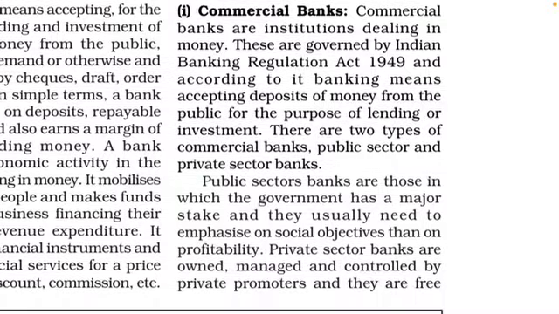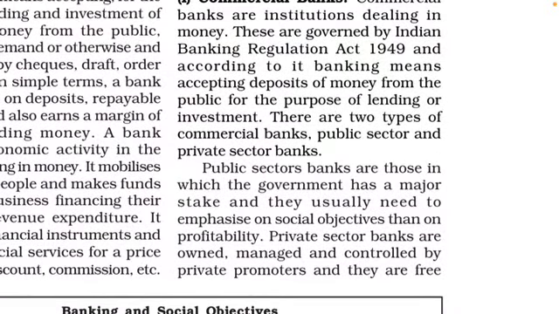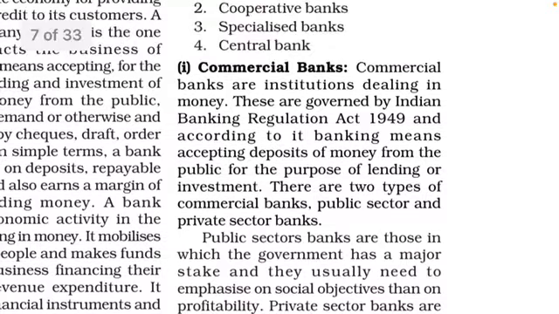According to it, banking means accepting deposits of money from the public for the purpose of lending for investment. What does it mean? The public deposit money in their bank, and the bank lends this money to the investors, or to the business, or to the other public in the form of loans and credit. So these are commercial banks.